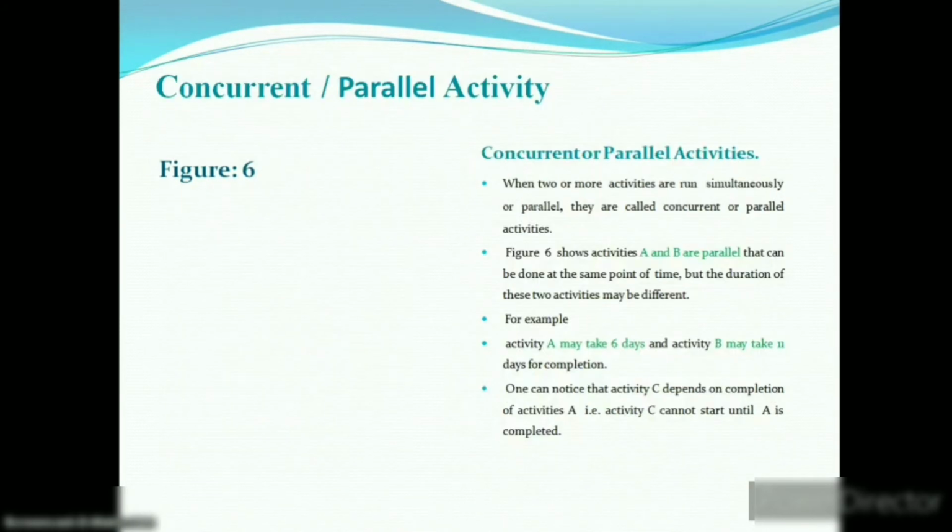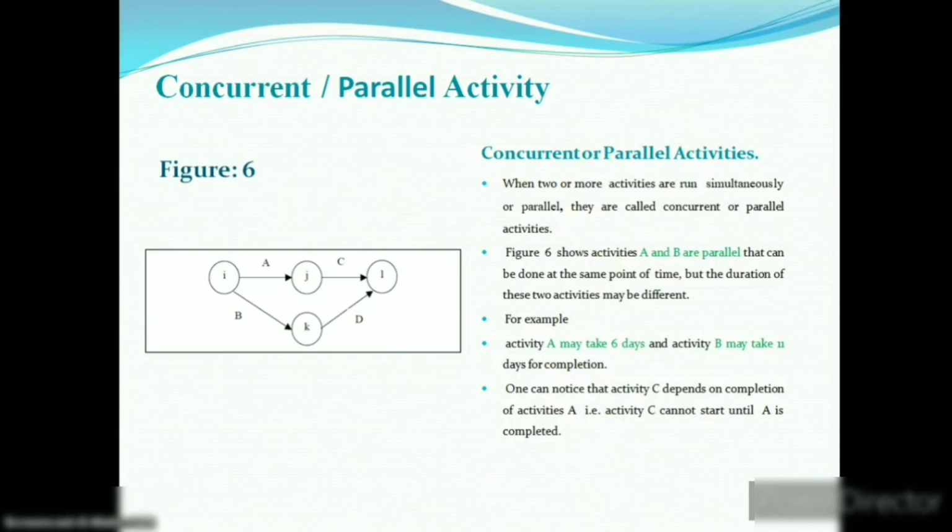The last activity type is known as the concurrent activity. When 2 or more activities run simultaneously, these activities are known as concurrent activities. But these activities are independent of each other, and the durations of these activities may be different. Let us take a network to understand concurrent activities.